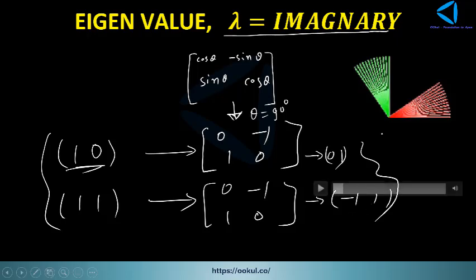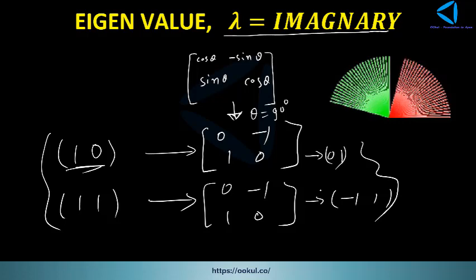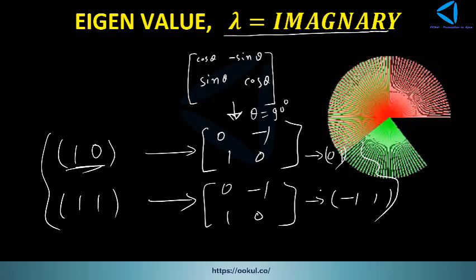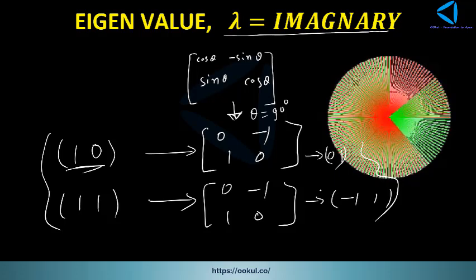Let us play the full video and then discuss. You see the red one is input and the green one is output, and they never match, because you are always rotating whatever you give. So in this type of case, your eigenvalue will be imaginary.